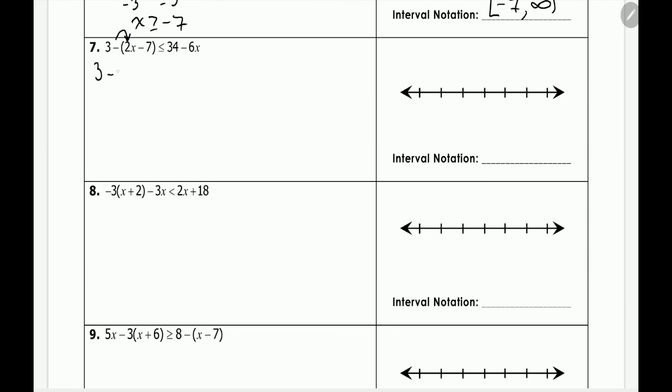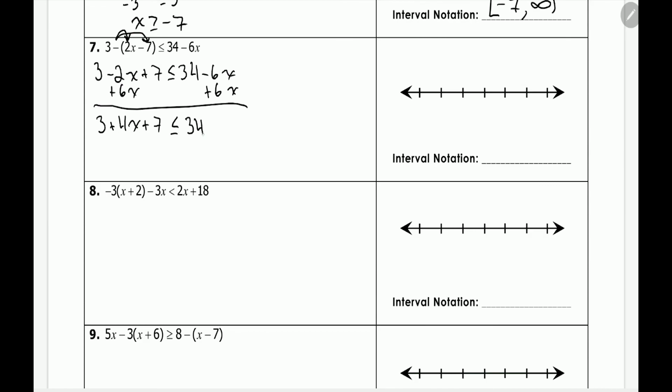So that's 3 minus 2x plus 7 is less than or equal to 34 minus 6x. After we do this, we have to add 6x to both sides because we need to get that variable to one side. So we have 3. Negative 2x plus 6x, that's plus 4x plus 7 is less than or equal to 34.